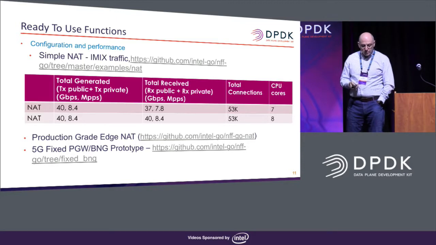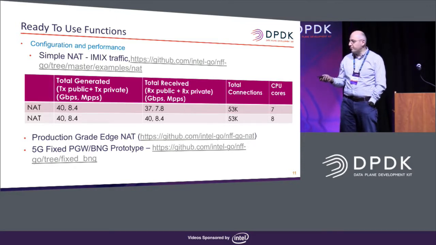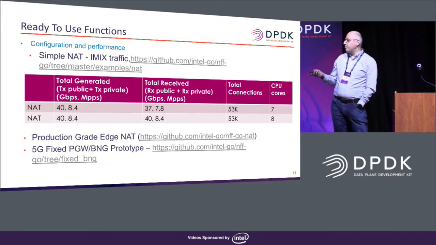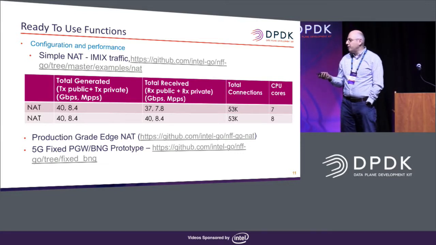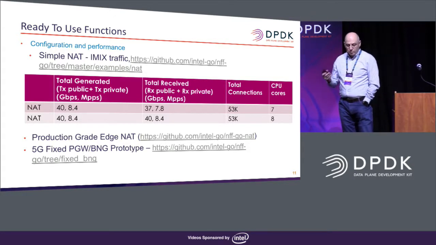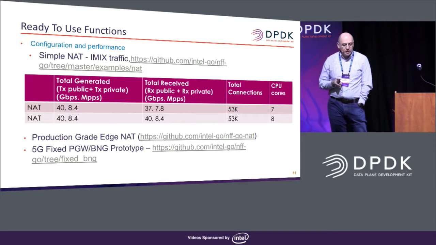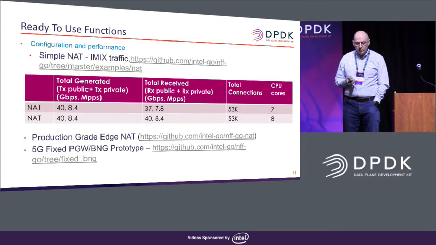Another thing we did with another of our customers is we tried to prototype a fixed PGW BNG for the upcoming 5G networks. It was mainly for households, and this code is also on par in performance with the DPDK implementation.